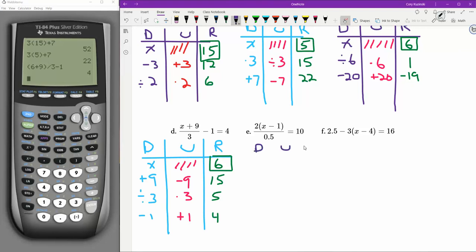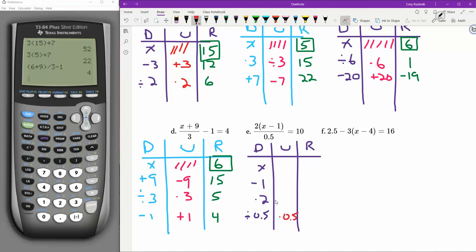Description, undo, result. Pick x, subtract 1, multiply by 2, divide by 0.5. Undoing these things, multiply by 0.5, divide by 2, add 1.